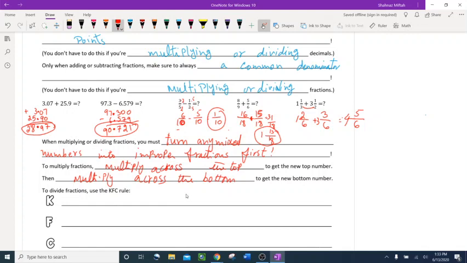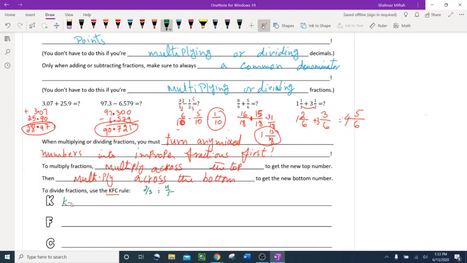Now, to divide fractions, use the KFC rule. KFC rule when you're dividing two fractions. Like for example, if I'm dividing 2/3 divided by 4/5, something like that. It's two fractions that I'm dividing, and that's the rule you use.